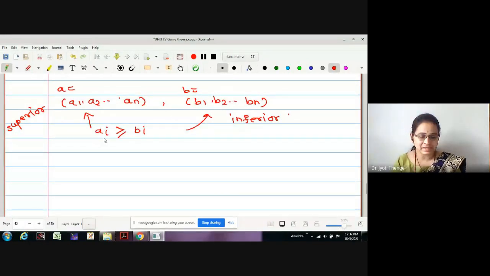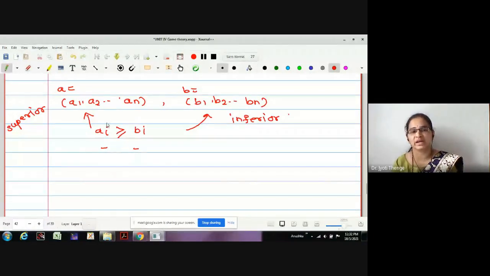Now, one can say either A dominates B or B dominates A according to the requirement. Suppose I wanted to find the minimum among these two. Then Bi gives me the minimum, no? That's why Ai will be dominated, that is, suppressed or deleted.